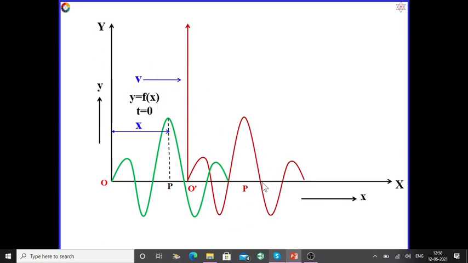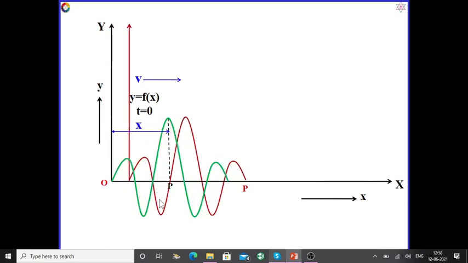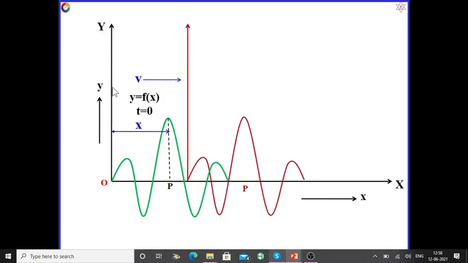So for this case, suppose this is another frame of reference which initially coincided with x and y, whose origin coincided with O. After time t, it has moved a distance.